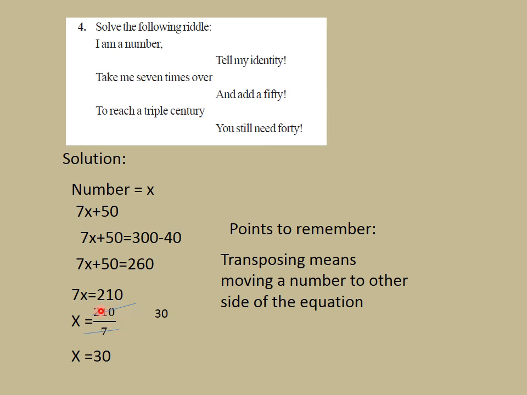So x is equal to 30. So the number is 30. Okay, beta.